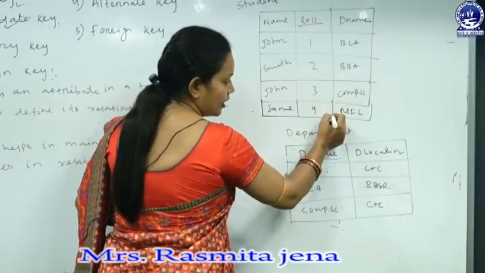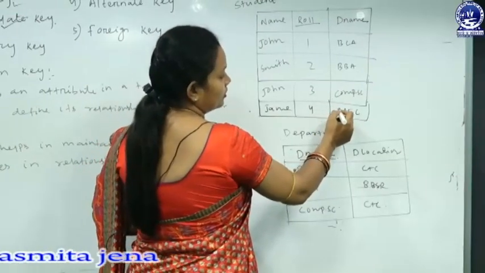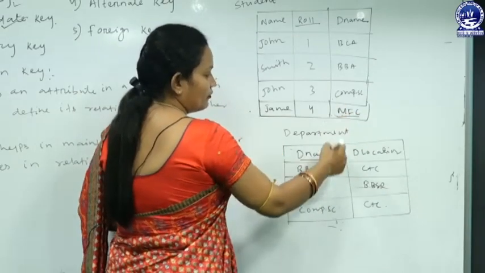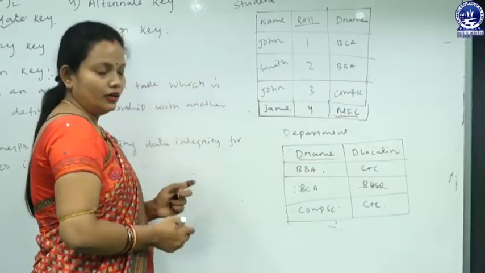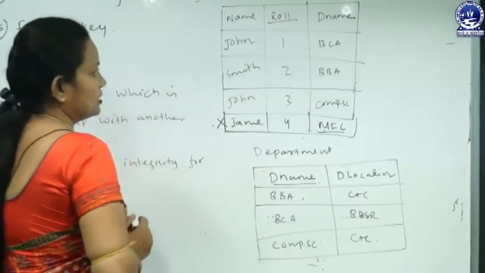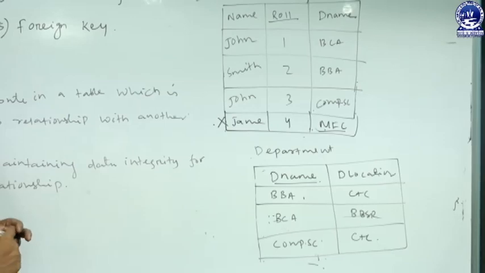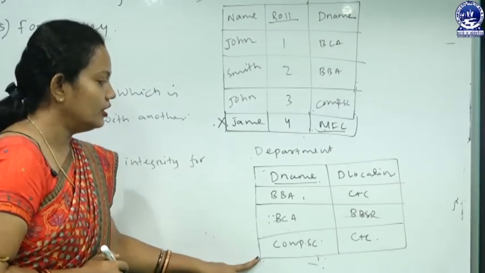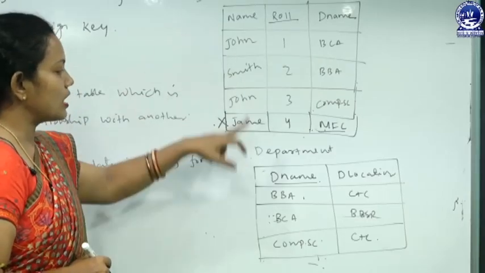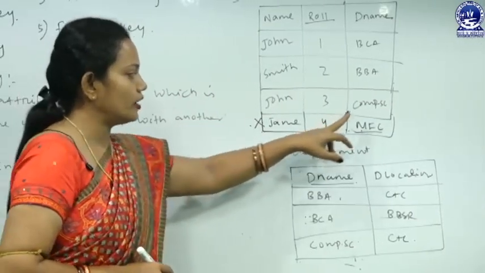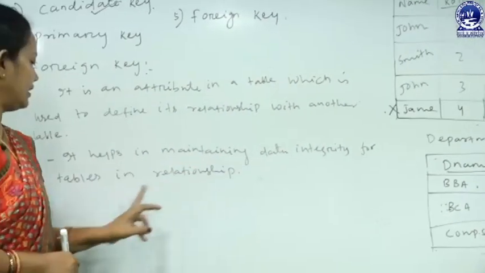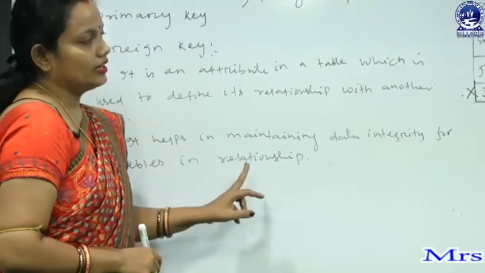So, if I mention the name of the department for a particular student as MFC, then it will violate the integrity property of the relation. Okay. So, this tuple will not exist in the student table because we do not have any MFC department in the department table. So, in this way these two tables are related by using the foreign key D name. It helps in maintaining data integrity for the tables in a relationship.